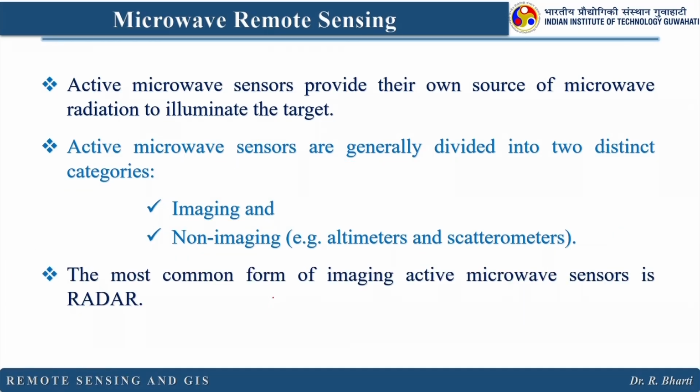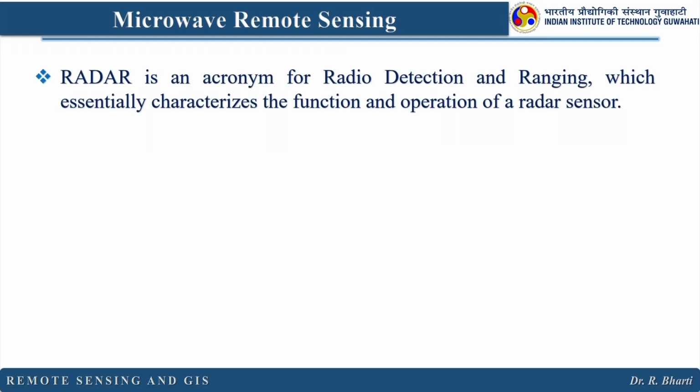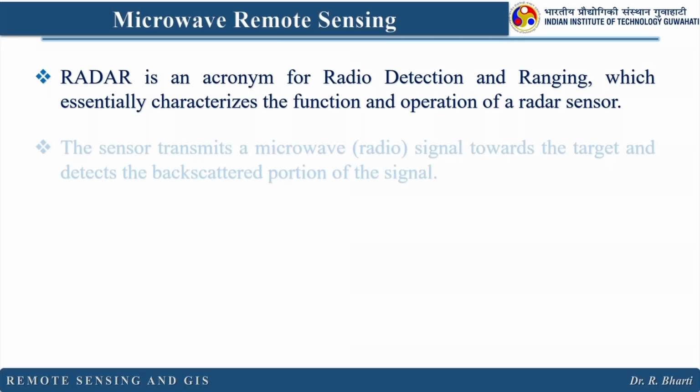The most common form of imaging active microwave sensor is radar. So I hope all of you have heard this word radar, right. So what exactly does radar mean? Radar is an acronym for radio detection and ranging, which essentially characterizes the function and operation of a radar sensor.